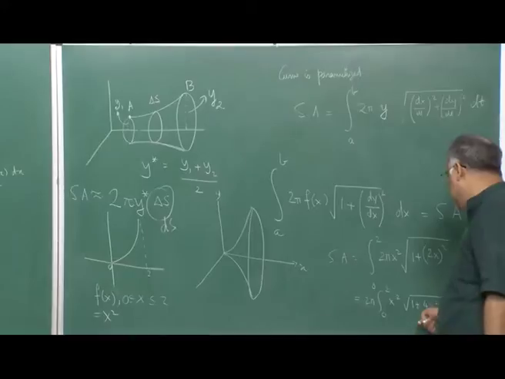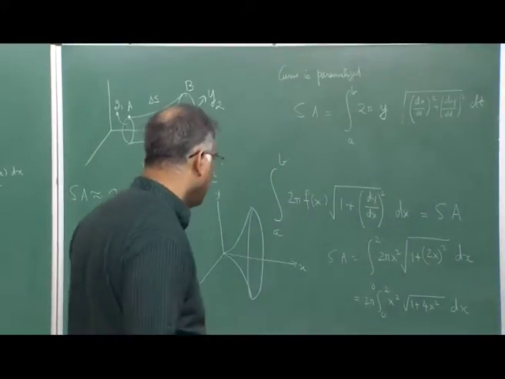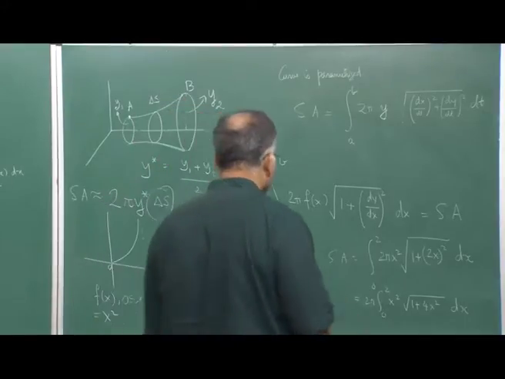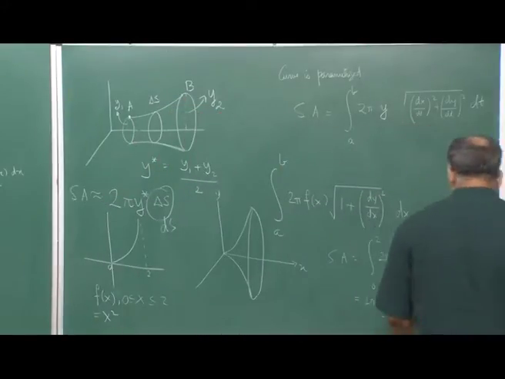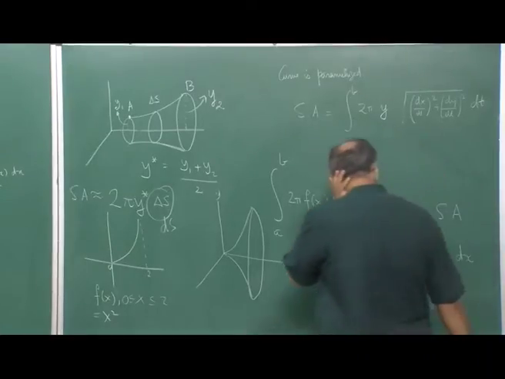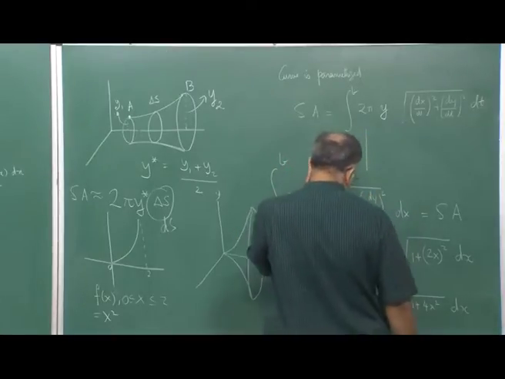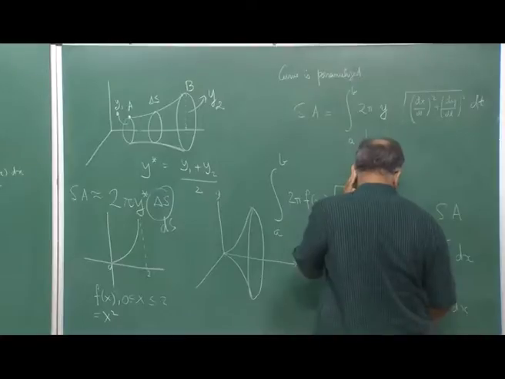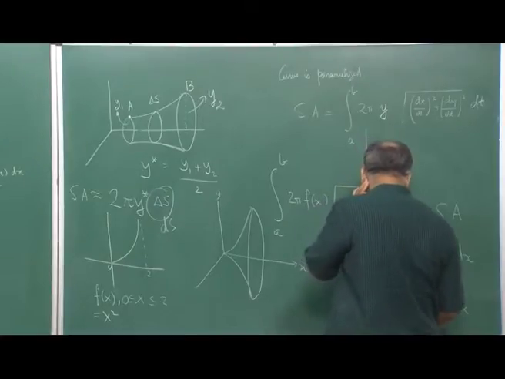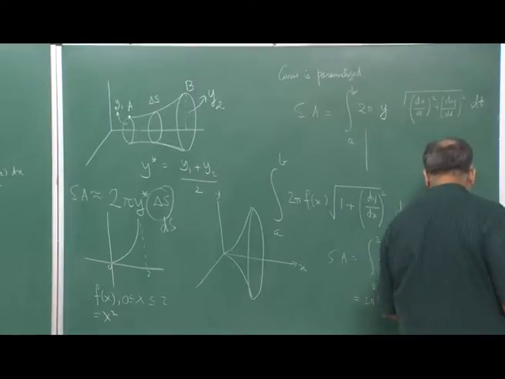Now, you need to integrate this. I do not see a very simple way to integrate this, at least it is not coming to me. Maybe I will first try a little bit of integration by parts and see what happens. Still it would be very complex because I have a root here.